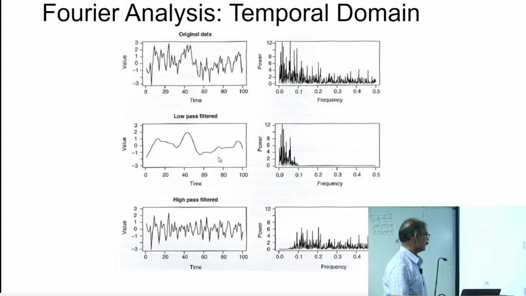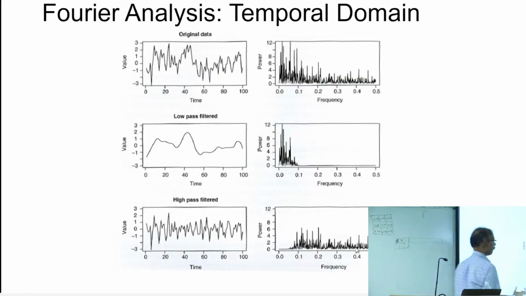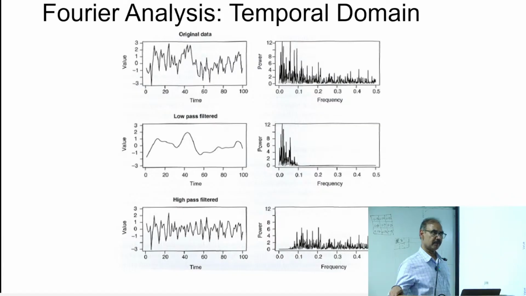And if we high pass the data, we would get a signal like this, and the frequency spectrum would look like this. As I said, in resting state, most of the papers use a band between 0.01 and 0.1.